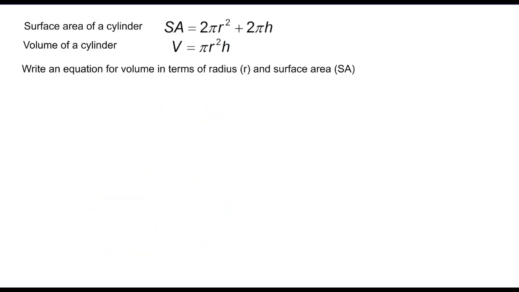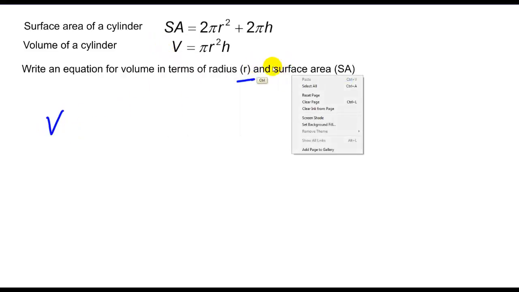So here's a couple of literal equations, one for the surface area of a cylinder, one for the volume of a cylinder. The problem asks us to write an equation for the volume in terms of the radius and the surface area. So what the heck does that mean? It means we're going to solve for V so that I only have r and S in my answer.